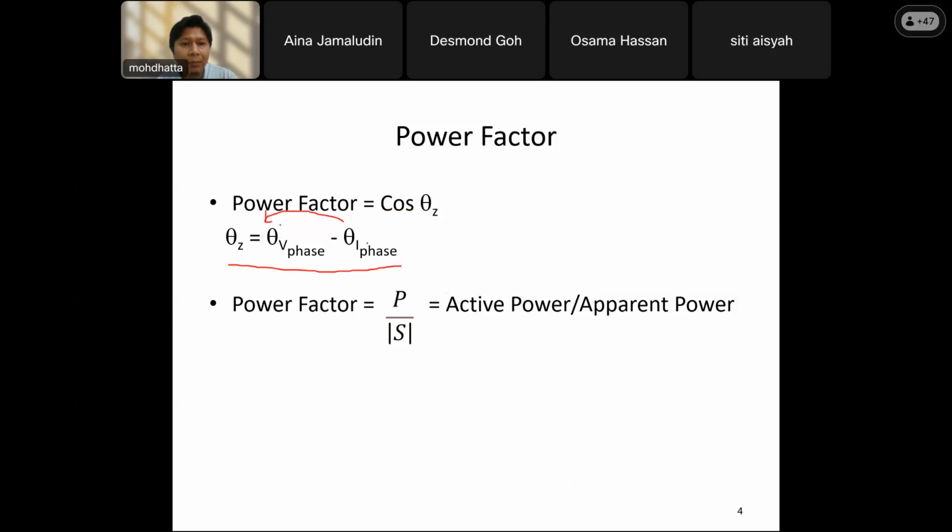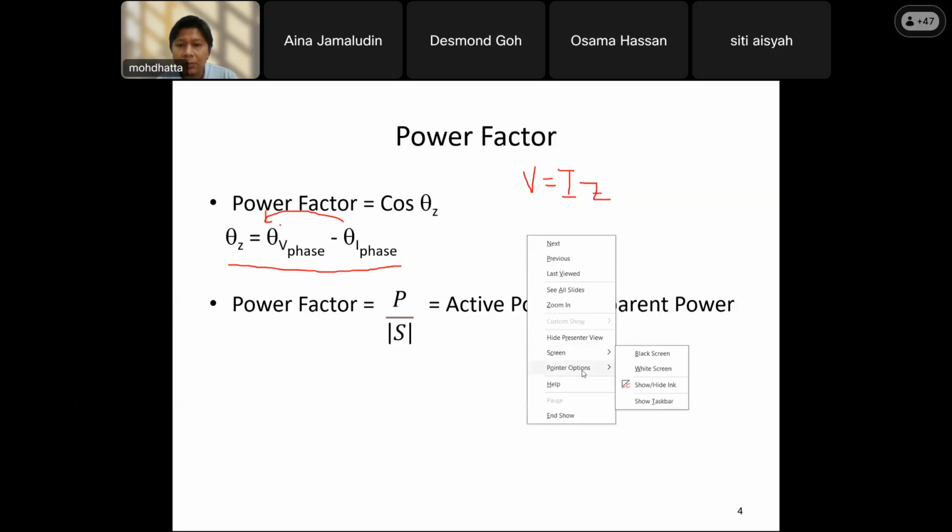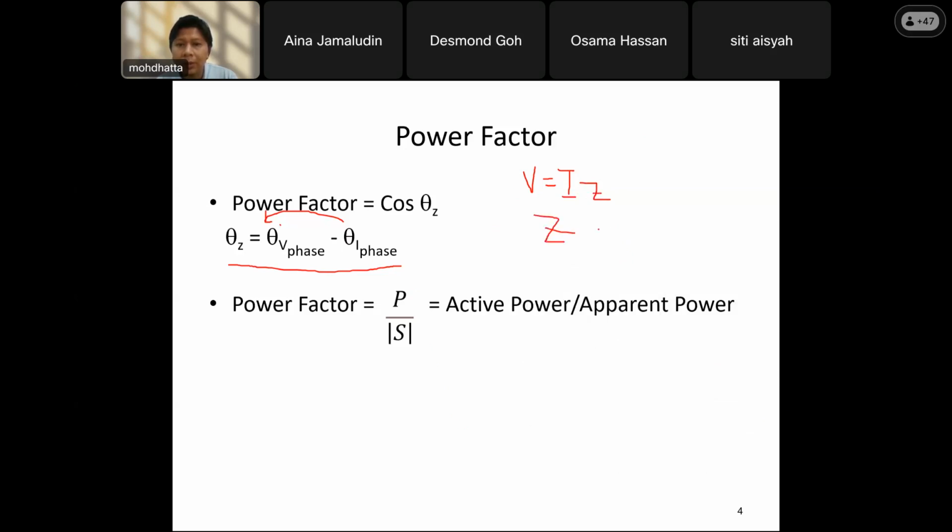It should be V minus I, because from Ohm's law we know that V equals I Z, and Z should be equal to V over I. Considering these two are vectors, we have theta V over here and theta I, and this Z also comes in its complex form, with its angle as well. This should be theta Z.